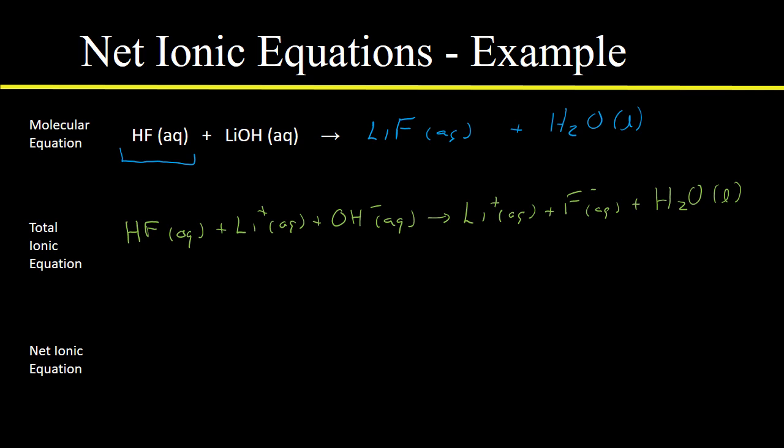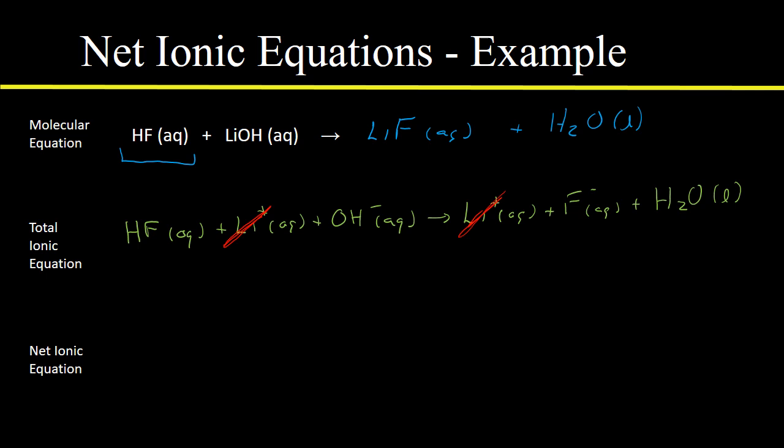All right. Then we'll cancel our spectators, and I think in this case we've only got one. Often our spectators disappear in pairs. Well, I guess they're still pairs because there's two lithiums, but we often cancel both a cation and an anion. In this case, the only spectator is the cation, lithium. So we get to our final result.